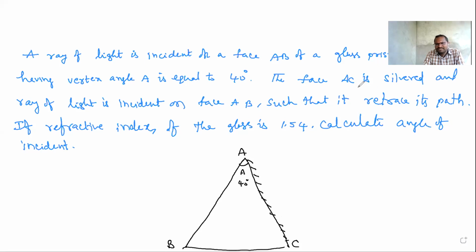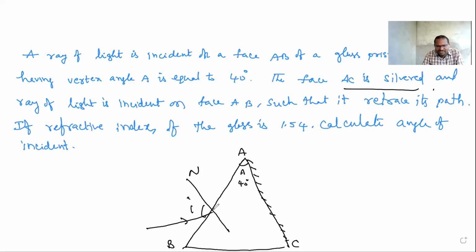Ray of light is incident on face AB. Let us suppose this is the normal, and with some angle of incidence, a ray is incident on face AB, such that it retraces its path.